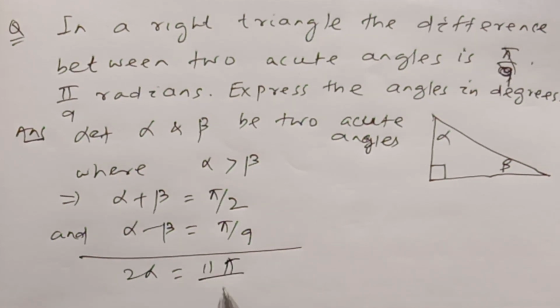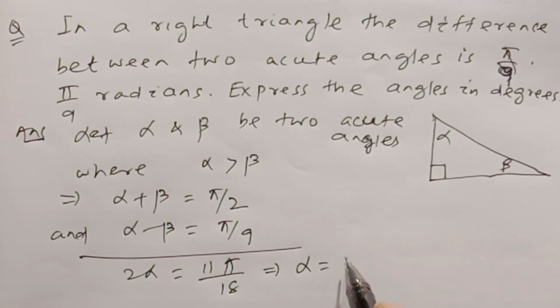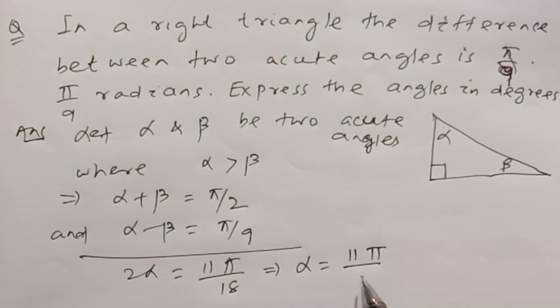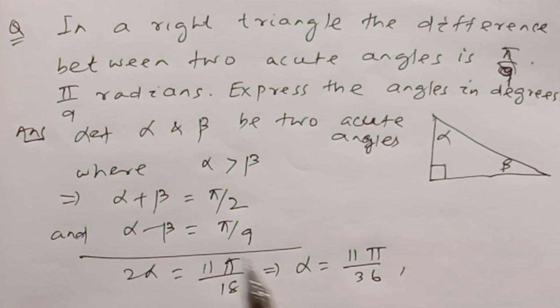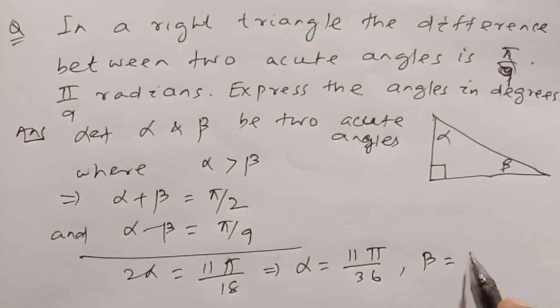This will be 11 pi by 18, which implies alpha is equal to, divide by 2, this will be 11 pi by 36, and putting the value of alpha here we get beta is equal to 7 pi by 36.